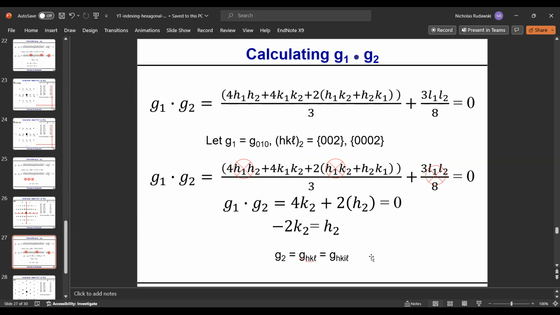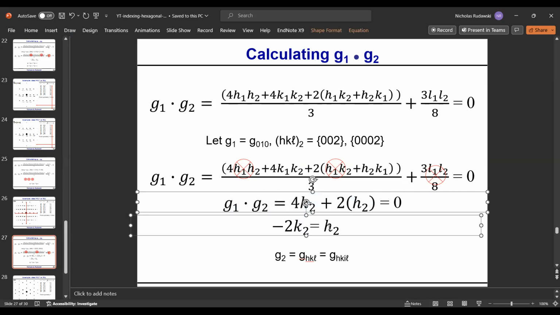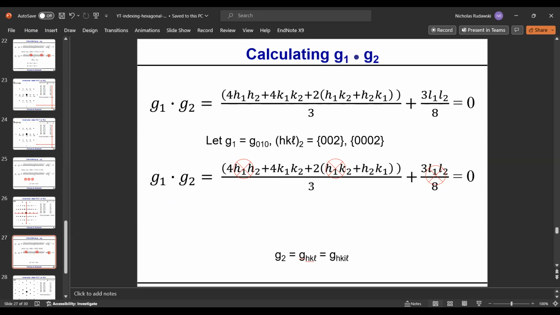And this is very straightforward here. We could use 0002 or 0002 bar. We're going to get a 0 dot product. Nice and easy with this.